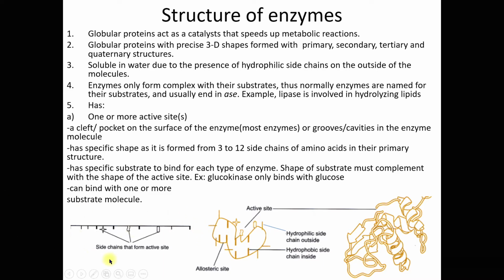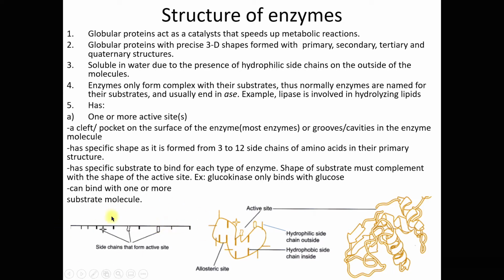You can see from here a zoomed, closer look at the surface of this enzyme, this active site of this enzyme. The active site consists of 3 to 12 side chains of amino acids in a perfect arrangement. So the arrangement of these side chains forms the active site.